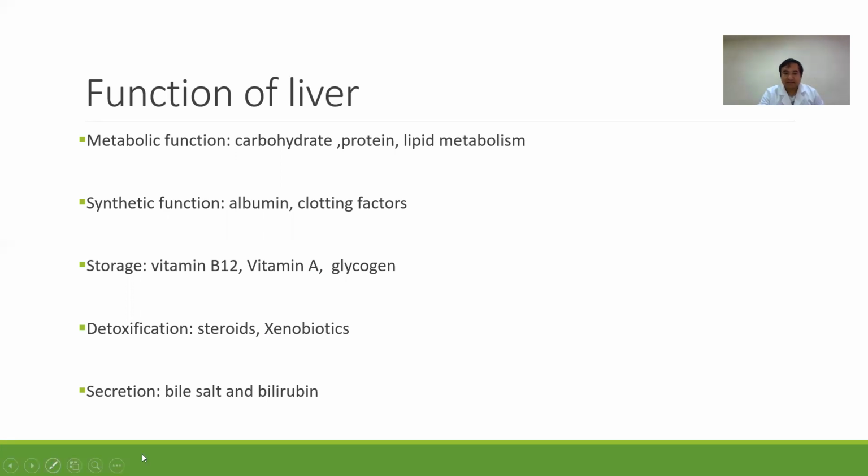The liver also has a function in bilirubin conjugation and bile salt formation, which will be secreted into the bile duct. So if someone asks you what the functions of the liver are, then you have to tell these things.